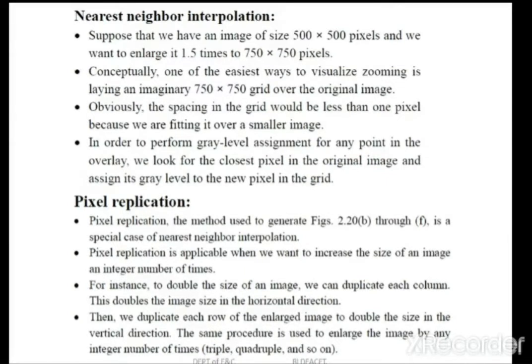First we are going to create a grid of size 750 by 750 pixels, because 500 into 1.5 gives a value of 750. That's why first we create a grid of 750 by 750 pixels.